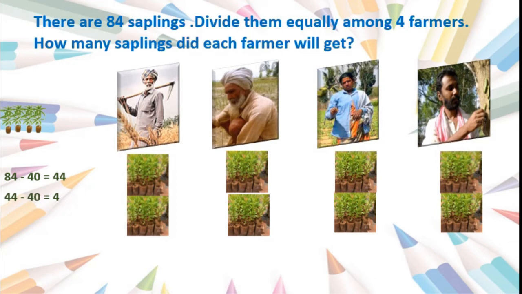Again these 4 we will divide among ourselves by 1. Like that they took 1 sapling out of 4. Now he said 4 minus 4 is 0. Nothing remained. Correct?